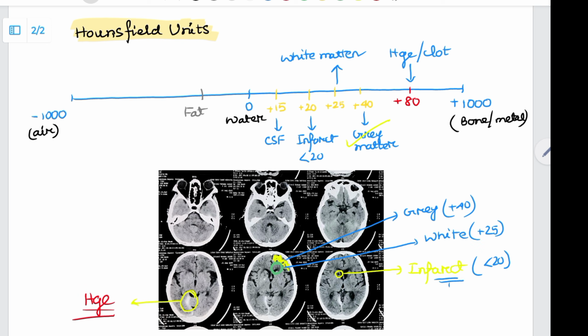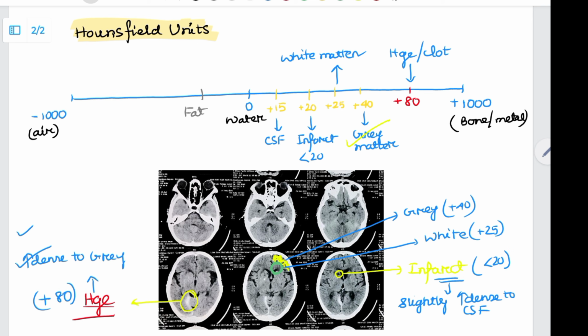Now you see the infarct is brighter than the CSF but lesser bright than the gray and the white matter, and the hemorrhage which is of plus 80 Hounsfield units is brighter than the gray matter but lesser bright in brightness than the bone or metal. So I hope we are clear about the Hounsfield units and the brightness of various structures in NCCT brain.